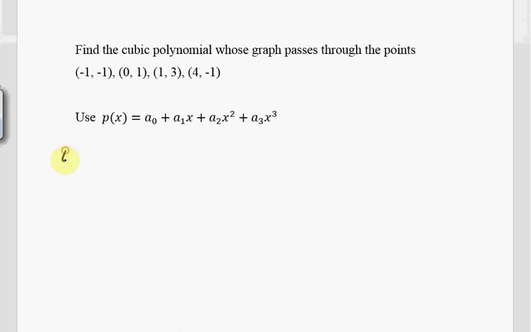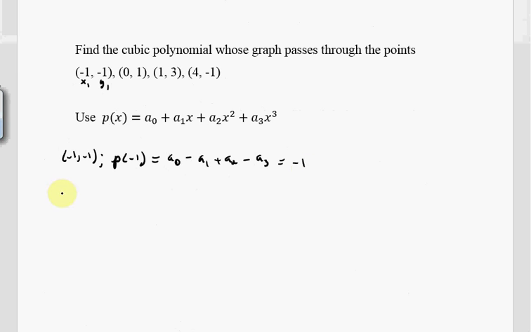So if we take the first point, -1, -1, we have p of -1. This is like x sub 1, y sub 1, right? So I'm going to plug in the value of x sub 1 into the polynomial where I have x, and what that gives me is a0 minus a sub 1 plus a sub 2 minus a sub 3 is said to equal -1. The y value is -1.